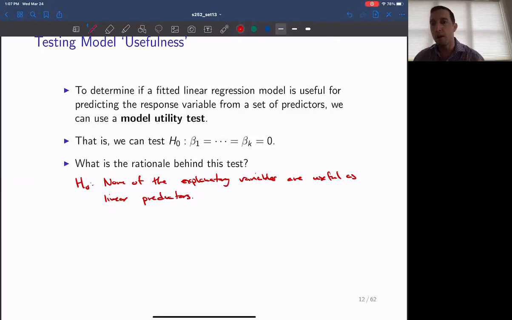So if the null hypothesis is not rejected, this would mean that every variable in the model has no linear relationship with the response.